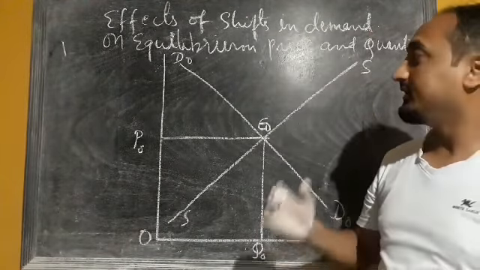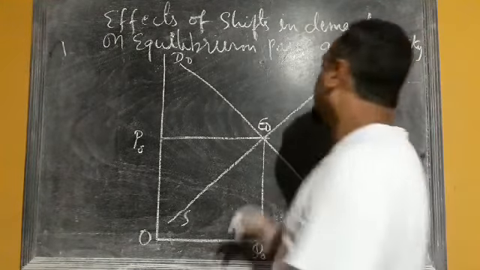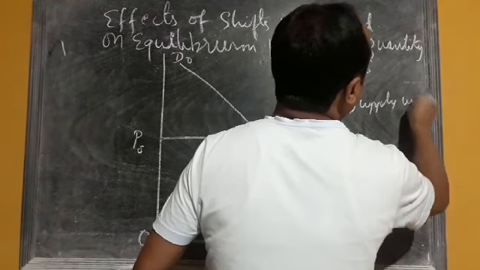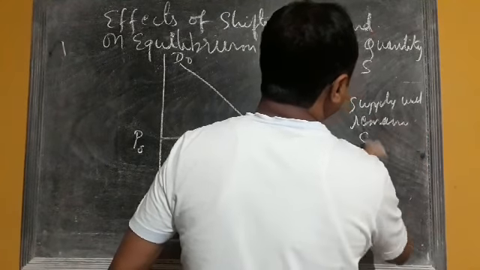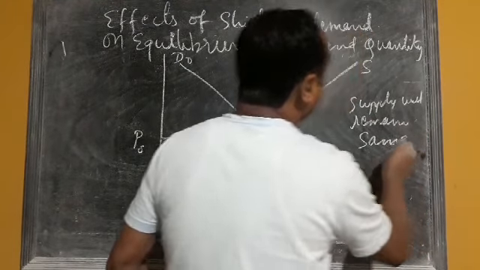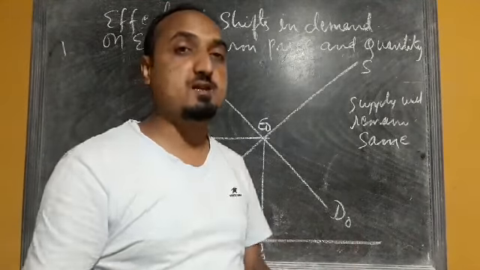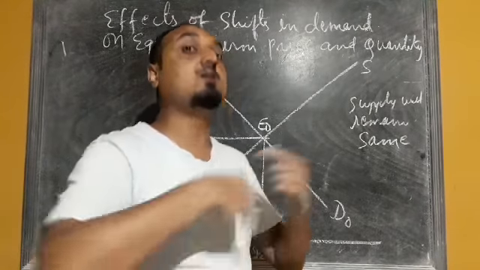Now here if the supply remains the same, the supply curve will remain the same. Only the quantity demanded will change. Now due to some reason, suppose demand is shifting due to increase in income of the consumer.